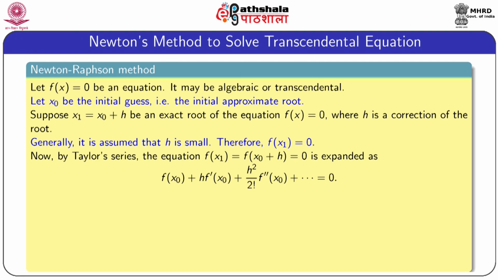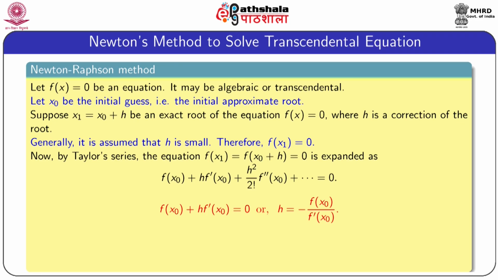Since h is in general a small quantity, we can neglect the square and higher power terms of h. After neglecting these terms we get f(x0) + h f'(x0) = 0, where f' means the first derivative of f, or h = -f(x0)/f'(x0).